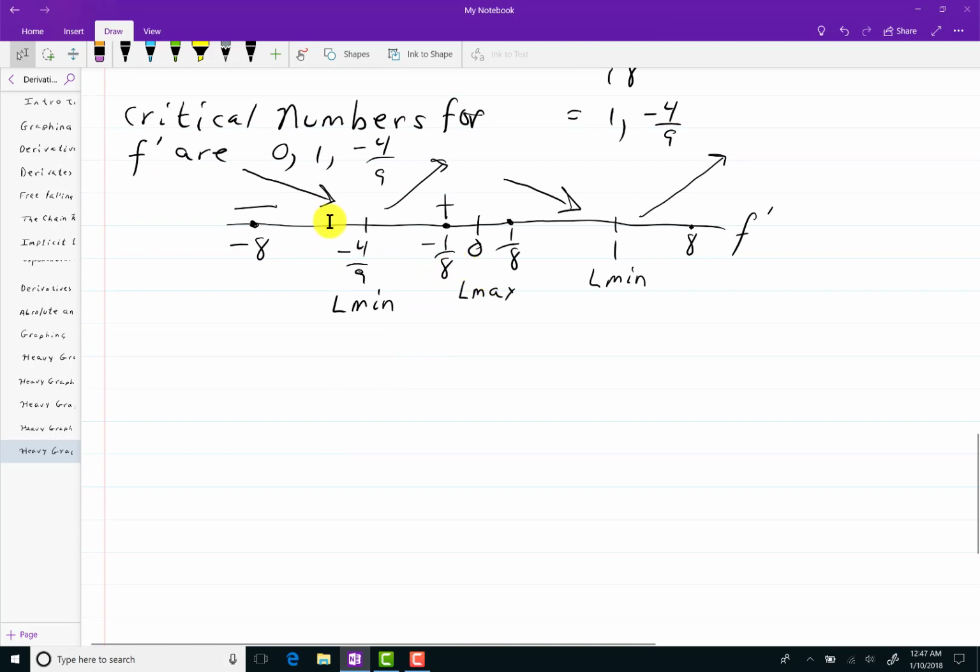Let's determine what these values are. You've got to plug these into the original function. So I'll start with f of x. The version I think might be the easiest for the original f of x was x to the 2/3 times 9x squared minus 8x minus 16. Let me plug in -4/9.